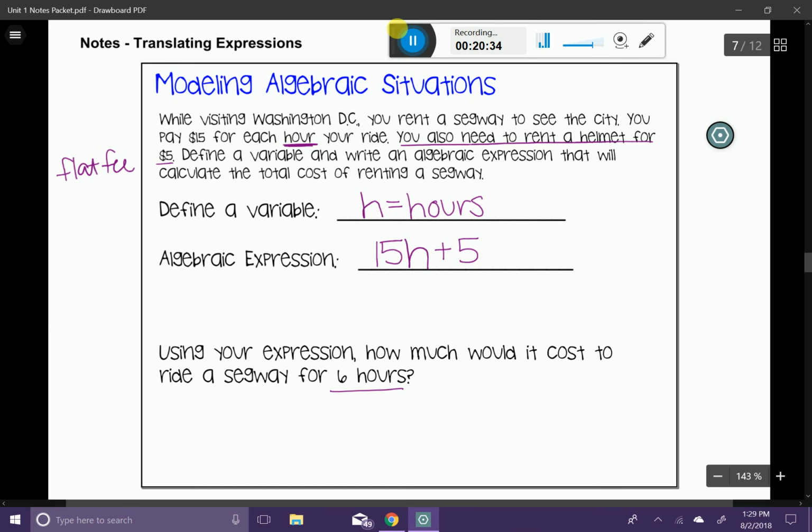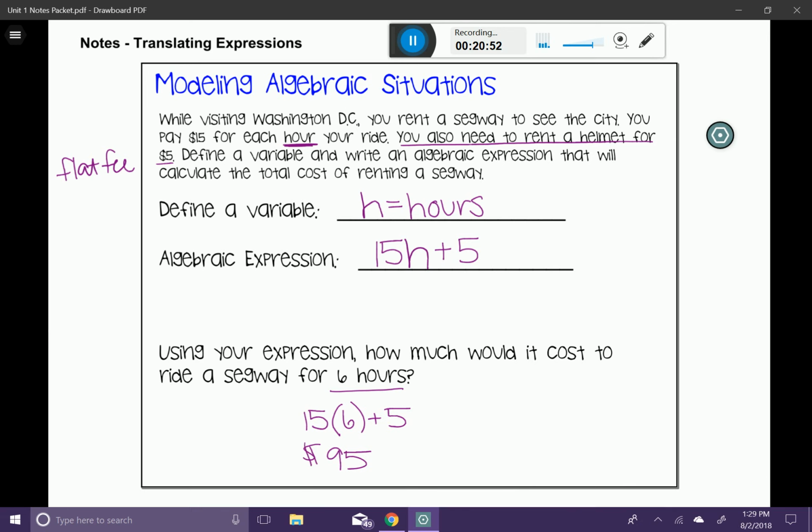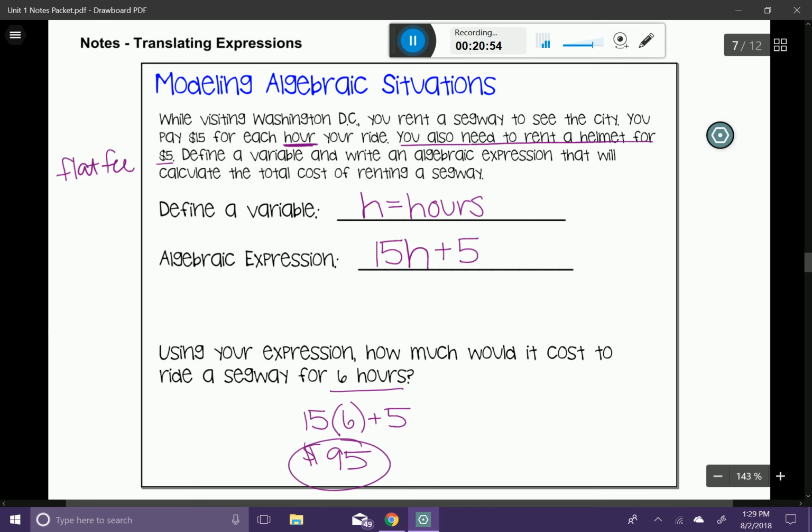Well, what I'm going to do is just plug in 6 for my hours. And if I simplify that down, that's going to give me $95. $95 is going to be the cost of riding a Segway in Washington, D.C. for 6 hours, given this situation. And that's how you model an algebraic situation.